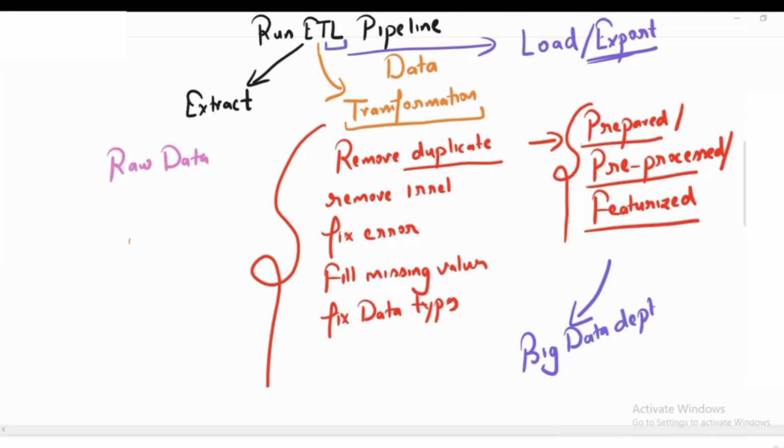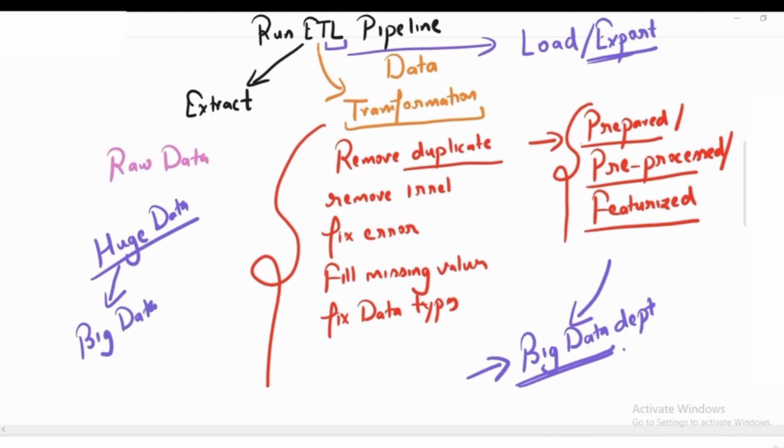There is a person known as a big data engineer, who receives this prepared data and exports it depending upon the volume of the data that you have. If it is quite huge data, he could think of storing it in some big data platforms. If the data is not that huge, you can think of storing it in CSV, TSV and things like that.